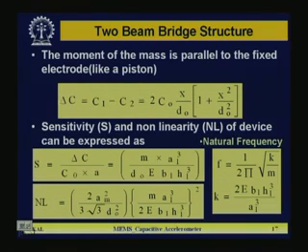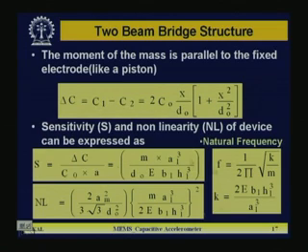So, now there delta C is given by C1 minus C2, which is again shown by this expression: twice C naught, x by d naught, 1 plus x square by d naught square, and sensitivity and nonlinearity are also shown by this expression for this kind of structure. Natural frequency f equals 1 by twice pi, root of k by m, and the stiffness constant k is given by this relation: twice E B1 H1 Q by A1 Q.